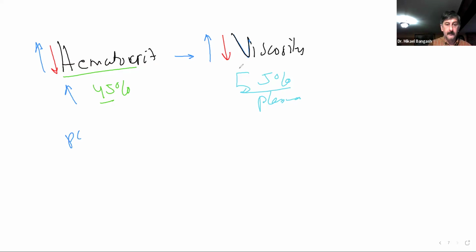the blood becomes more viscous, and we will have polycythemia. Whereas on the other hand, if it goes less than that, the patient may be anemic. Now, guys, please keep in mind that somebody can still have a normal hematocrit and still be anemic.